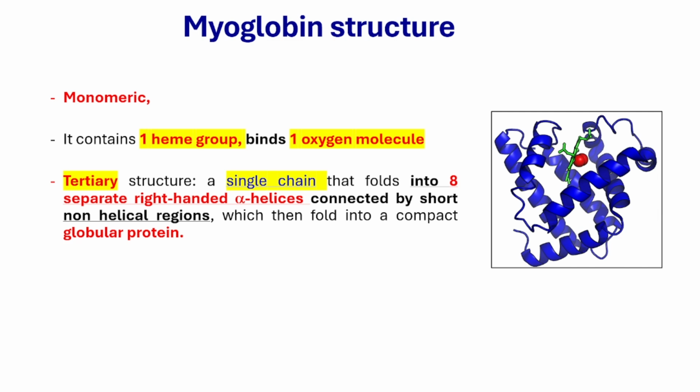So I'm going to have 8 helices in the tertiary structure of my myoglobin. And as you can see here, I also have a hem. This is the prosthetic group to which my O2, oxygen, is attached, okay?